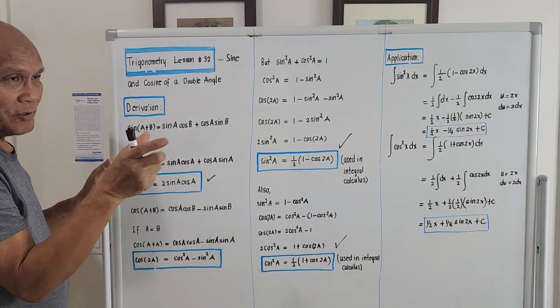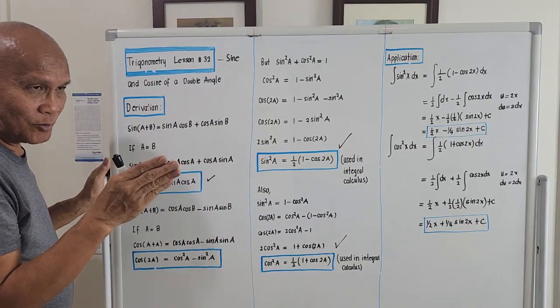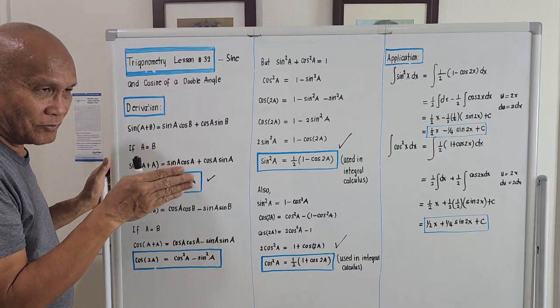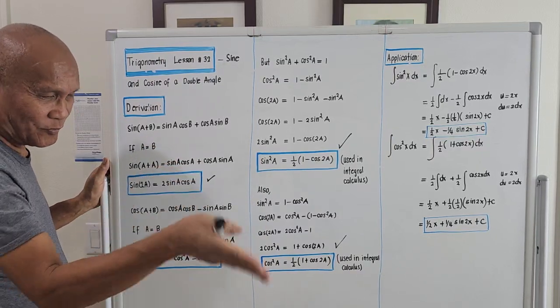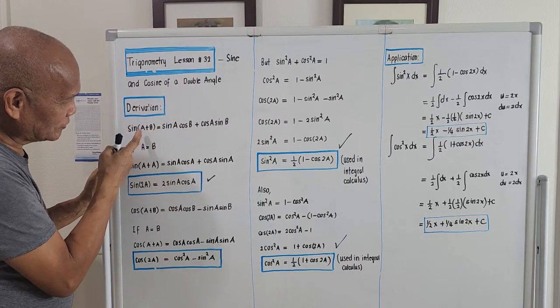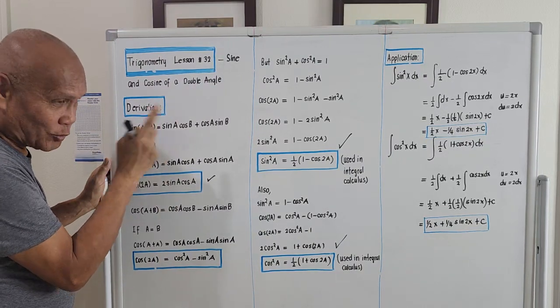One of the formulas under the double angle involves two angles. It should be the sine of the quantity A plus B. Two angles, right?